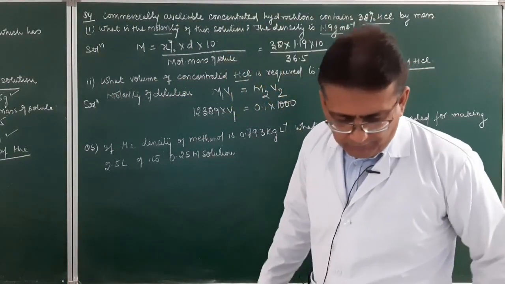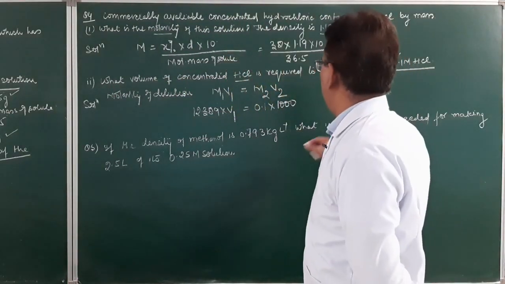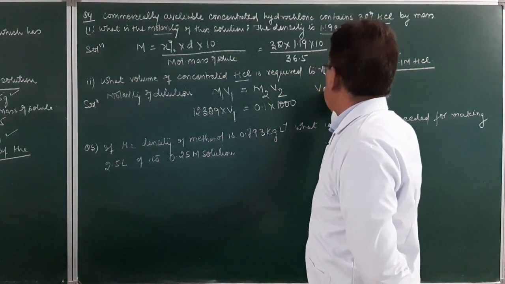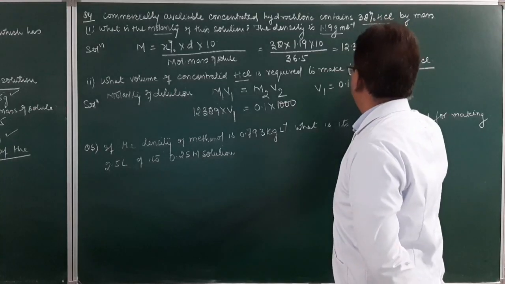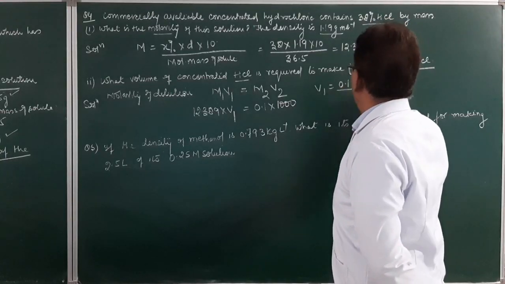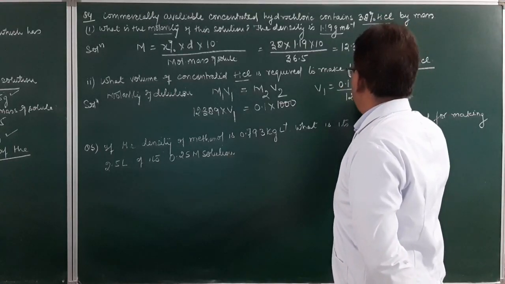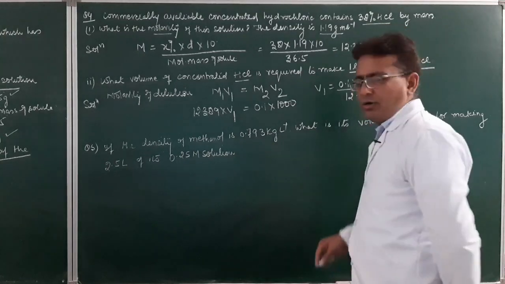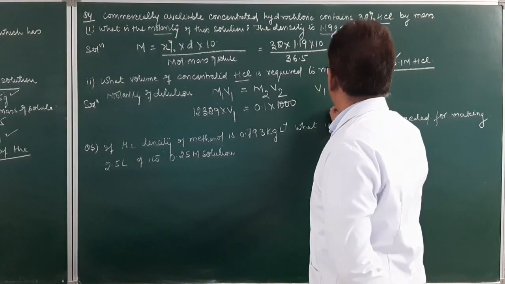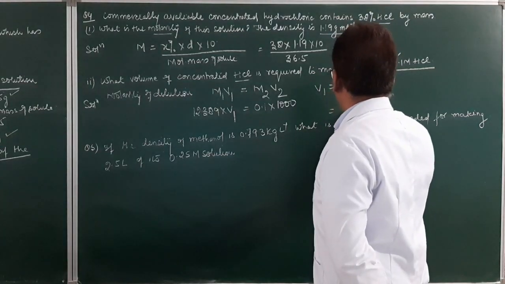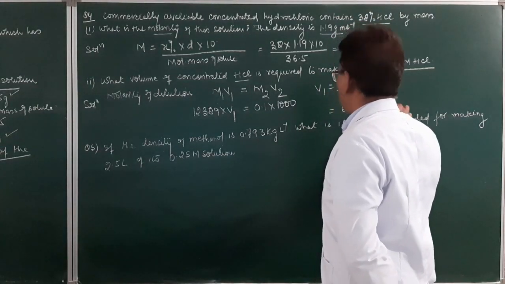V1 will be equal to 0.1 into 1000 upon 12.389. On solving, it comes out to be 8.071 ml.